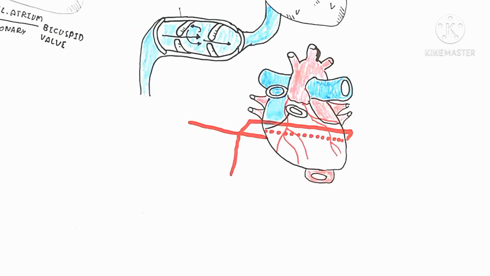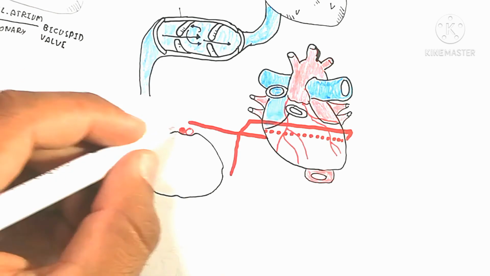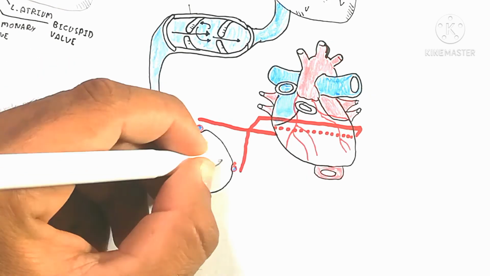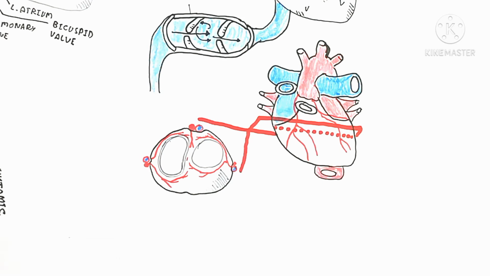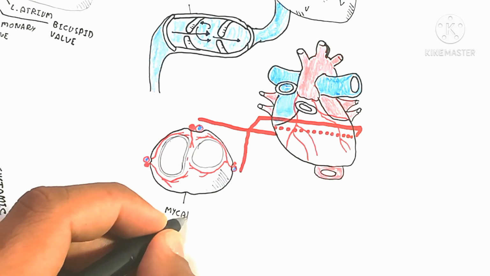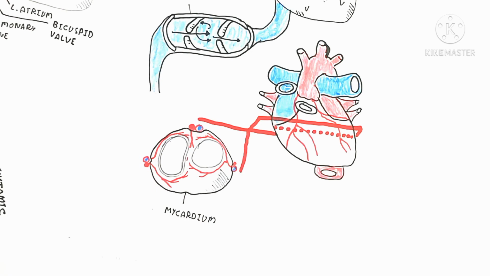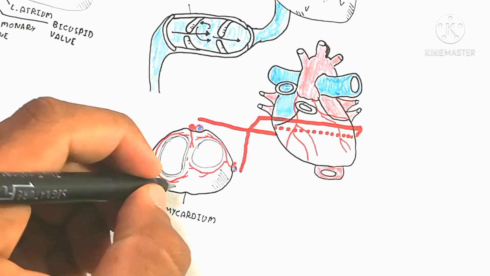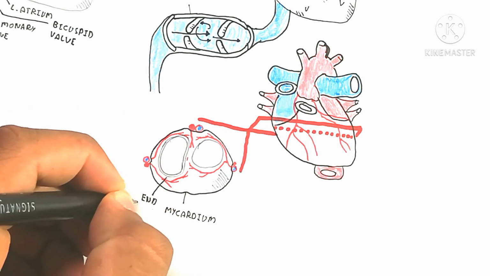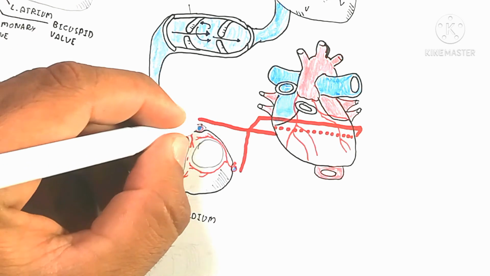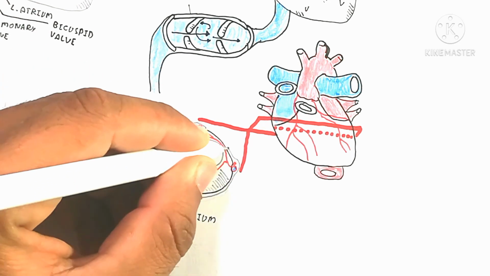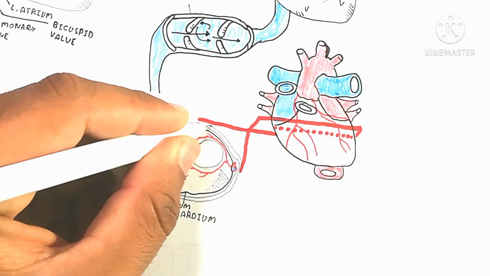So here is the cross section of the lower area, containing the epicardium, pericardium and myocardium, and between the pericardium and epicardium blood vessels are present. This blood vessel provides oxygen to the heart.